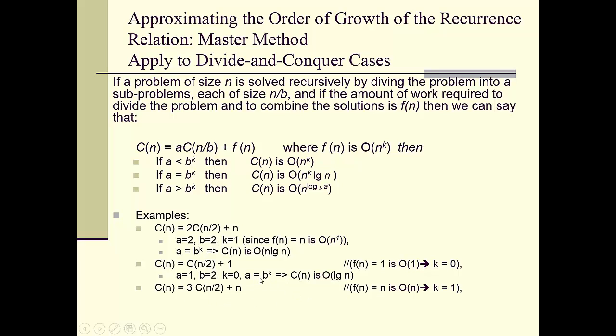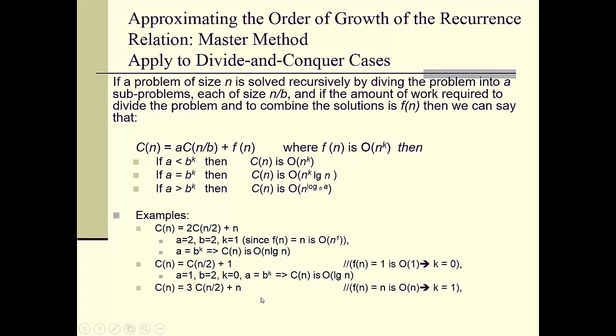Since a is equal to b to the k, C of n is O of n to the k log n. But n to the k is n to the 0, which is 1, so 1 times log n. So in this case, C of n will be O of log n.